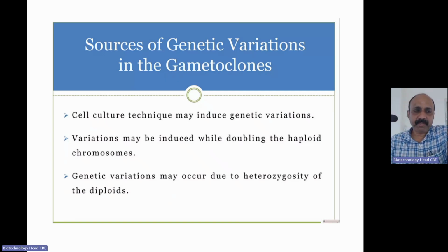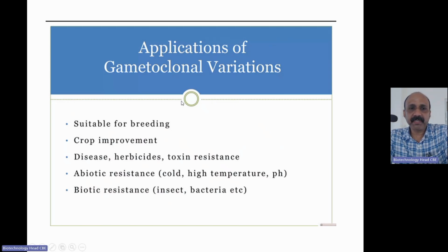Sometimes, if it is not enough, there can be some microfibrils which can give aneuploid structures, which is not stable doubling of the haploid. So you will get an aneuploid, not a dihaploid. Genetic variation can also occur due to the heterozygosity of those dihaploids. Applications: gametoclones are suitable for breeding, crop improvement, disease, herbicide, toxin resistance, abiotic resistance, biotic resistance, insect, bacteria. All this can also be introduced using gametoclonal variation.